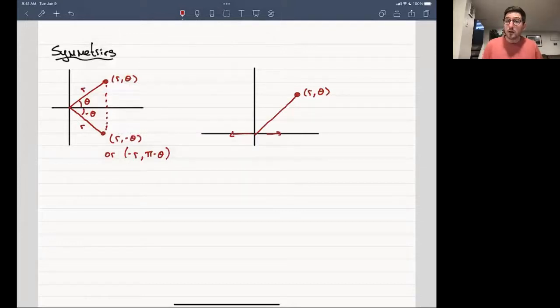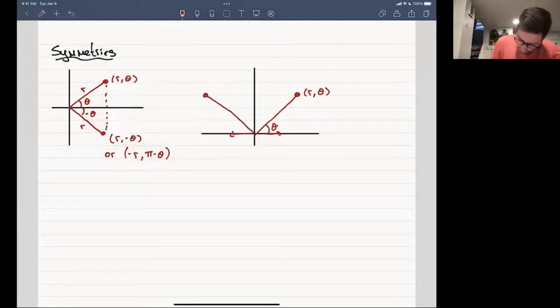And then when you negate theta, you are rotating yourself backwards, so in this case, sort of upwards from the negative x-axis by an angle of theta, so clockwise. Remember, that's what negative thetas represent. So in this case, you get a vector over here.